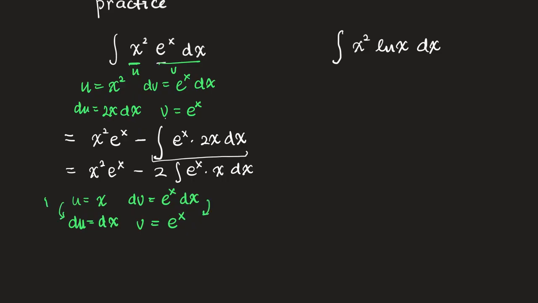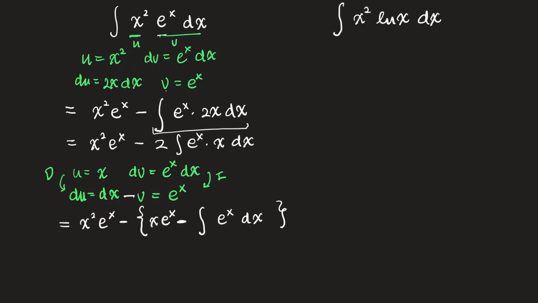Now what do you have? x squared e to the x minus parentheses uv, x e to the x, minus integral v du, e to the x dx. Oh, almost done.